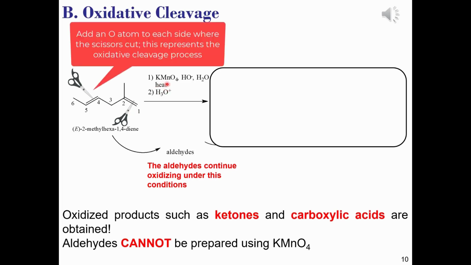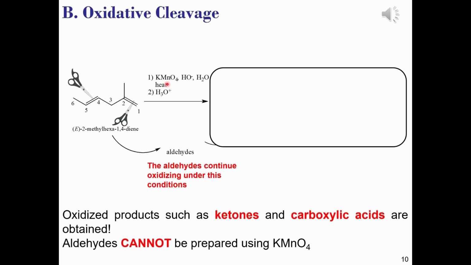The only products possible via this two-step reaction sequence are either a ketone, a carboxylic acid, or carbon dioxide. Now, in this example, all three functional groups are possible. The aldehydes that are produced in situ will always be oxidized up to a carboxylic acid. So this is why you never isolate them when using potassium permanganate, and certainly not when there's heat involved.